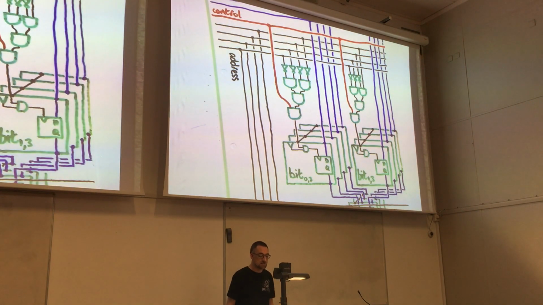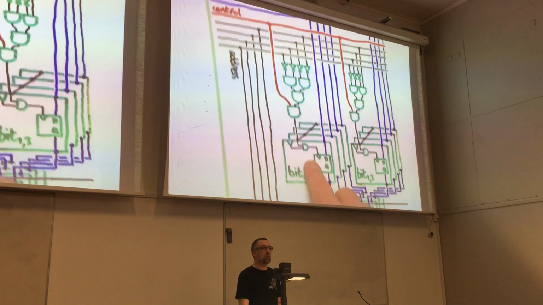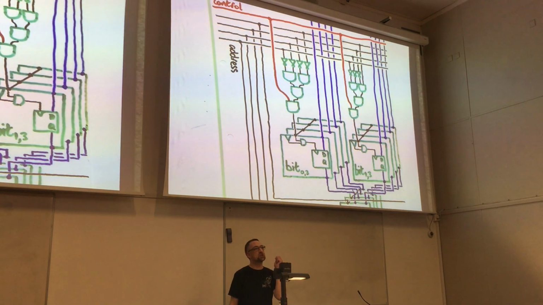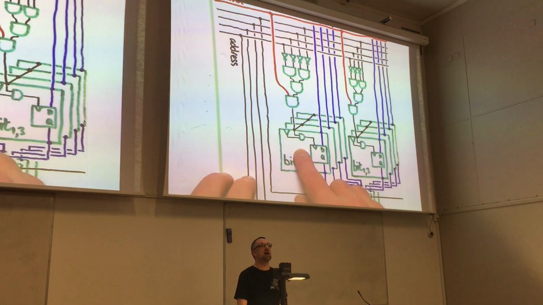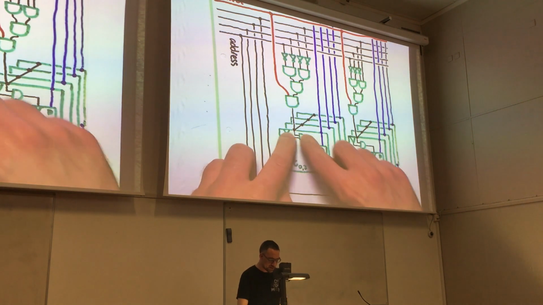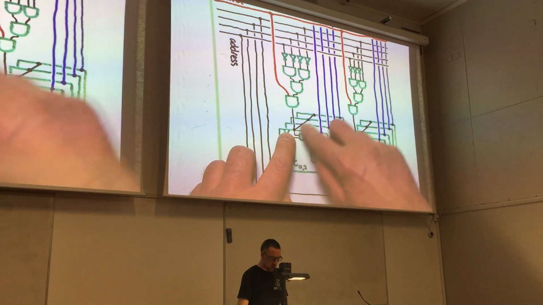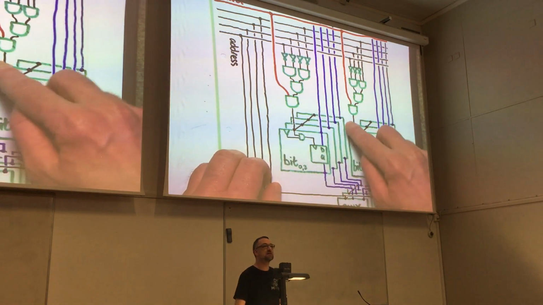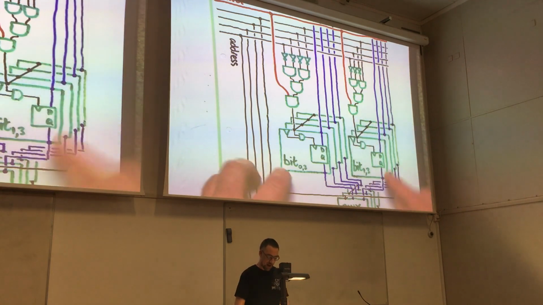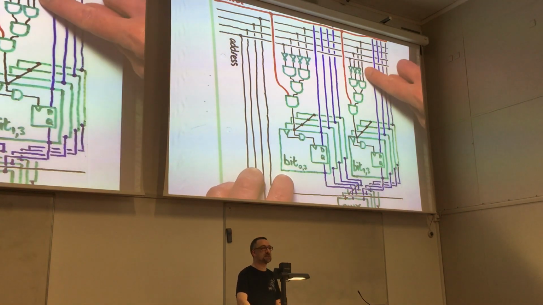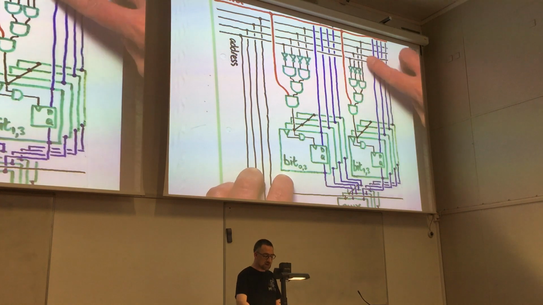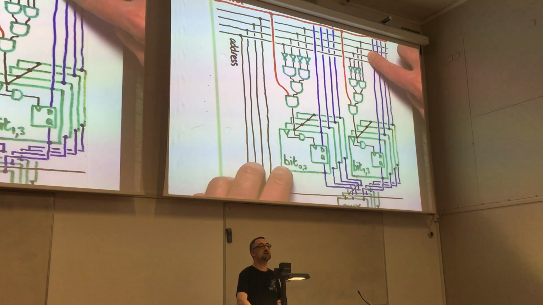So what we're saying is, this flip-flop will wake up only if the control bus says 1 and the address bus is 0000. So this is one bit of memory location 0. And you can see that the same control signal controls all 4 bits. So these are the 4 bits of memory location 0. And then these are the 4 bits, different detector, same idea, down here, different detector connected to the address bus.